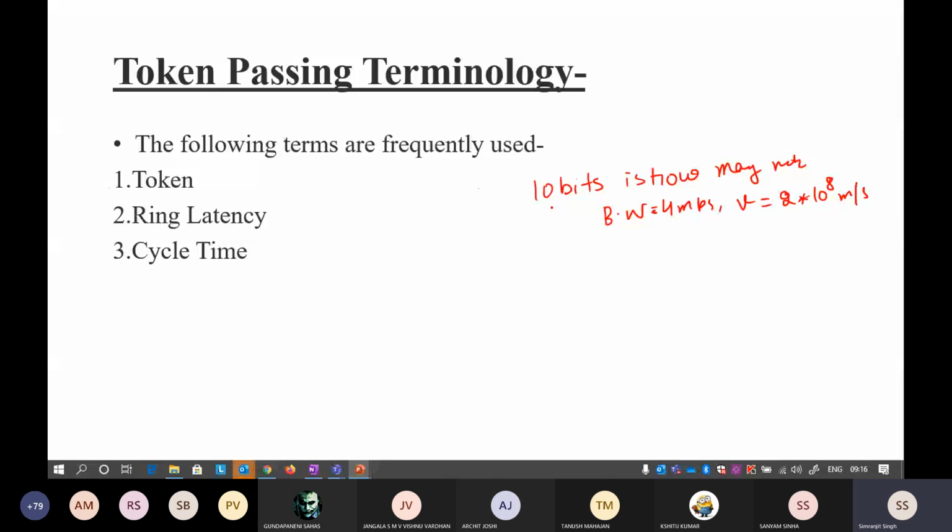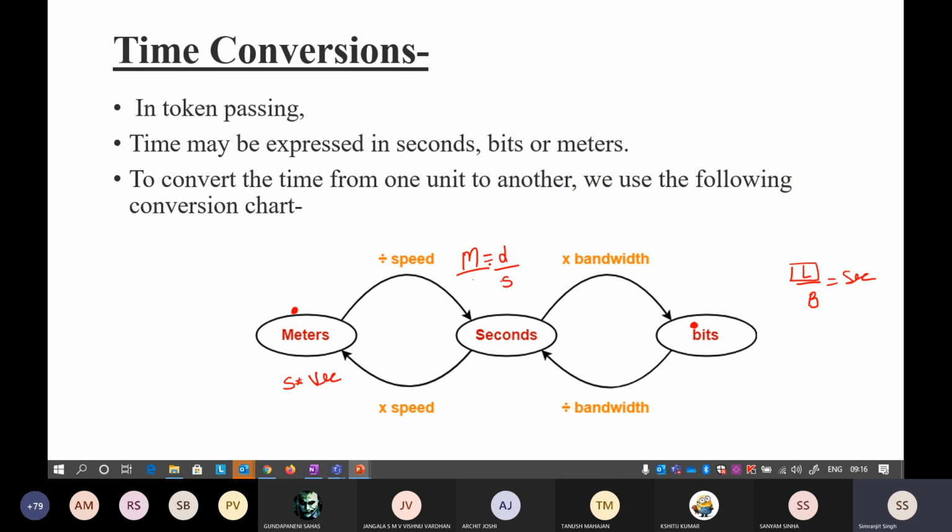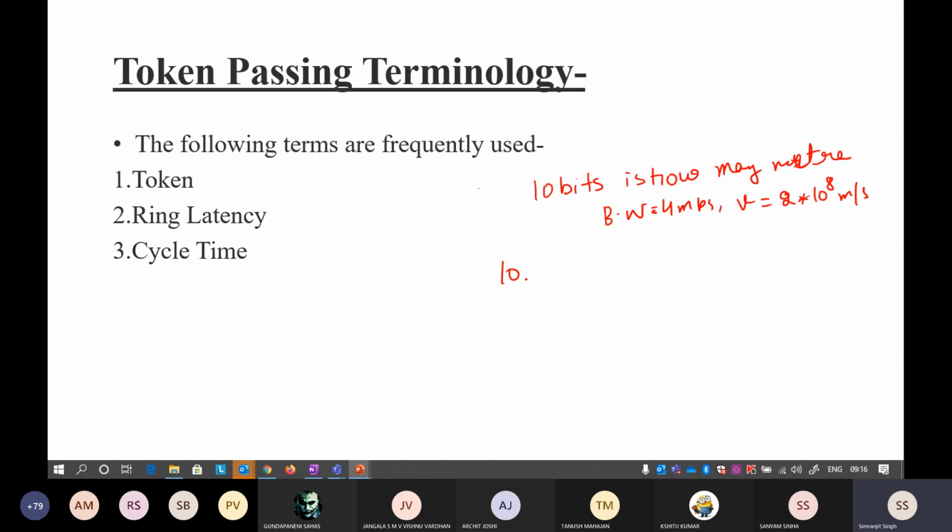So you have to find out 10 bits is how many meters. Your time is given in bits, and now you have to convert this into meters. First you have to convert this into seconds. How can I convert bits into seconds? By dividing by bandwidth. So take 10 bits and divide it by bandwidth.